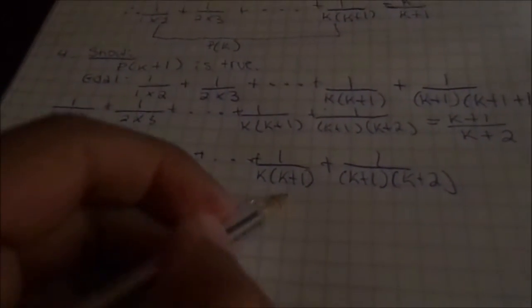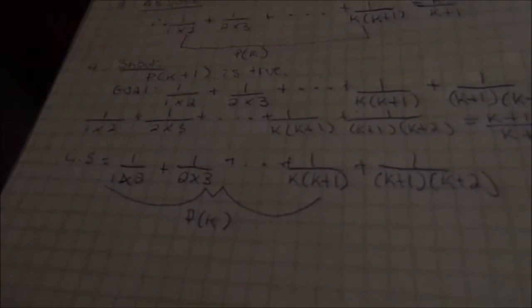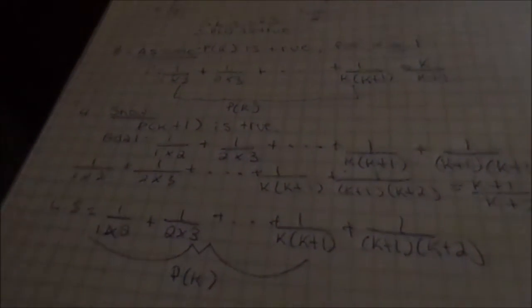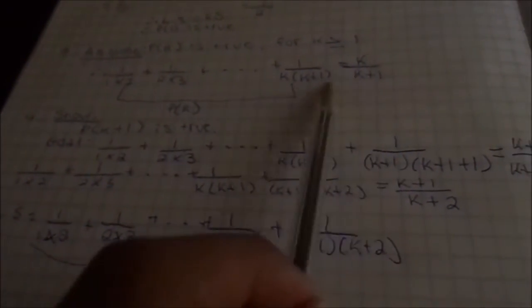From here to here is also PK because it's the same thing. And now, because that's PK, from step 3 we found out that PK is all that, which equals K over K plus 1.